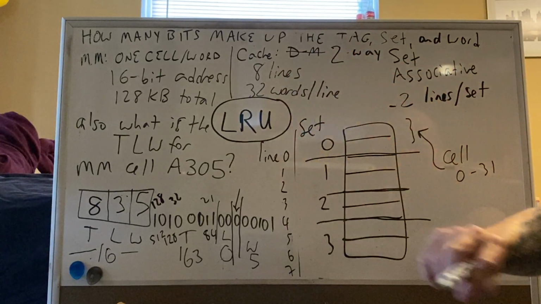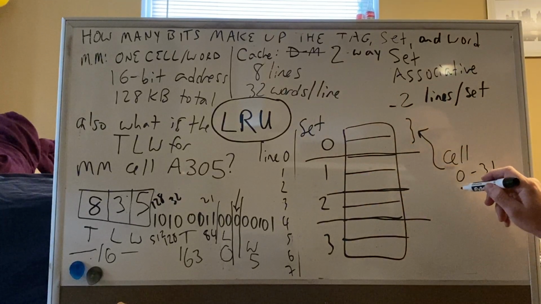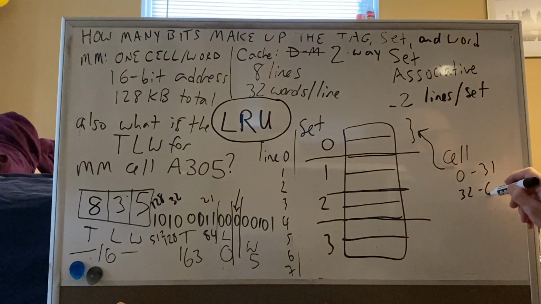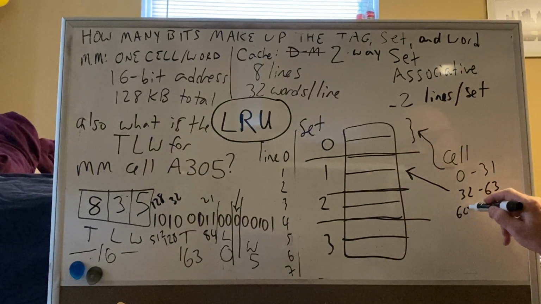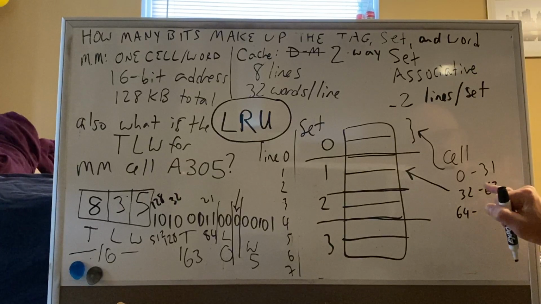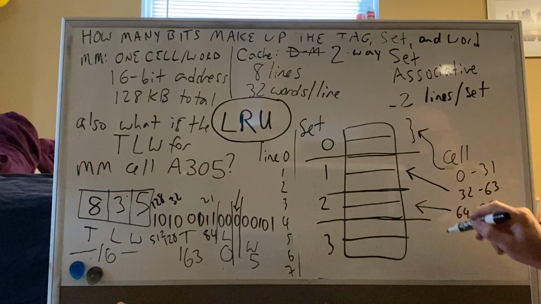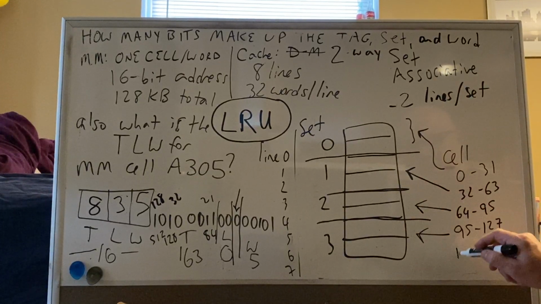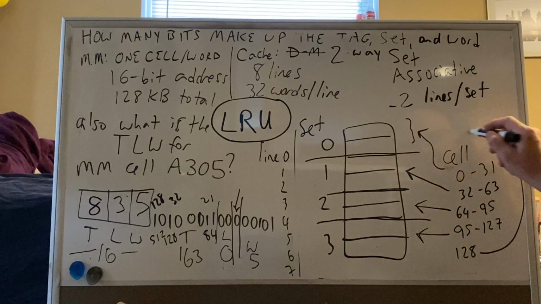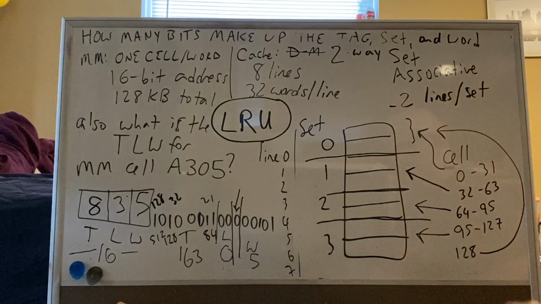You don't even have to write the line anymore, just the sets matter. Cells 32 to 63 go somewhere here. Cells 64 to 95 go somewhere there, and 96 to 127 goes somewhere there, and 128, etc. would start wrapping around and going back there.